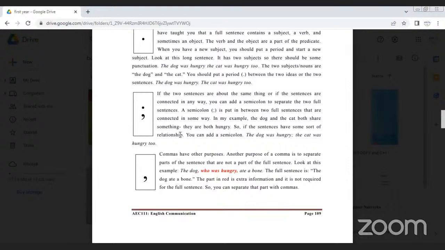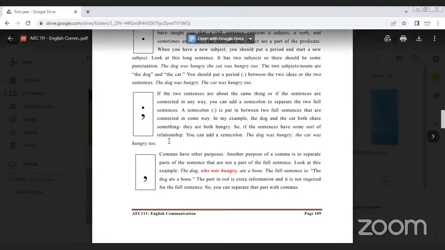In my example, the dog and the cat both share something: they are both hungry. So if the sentences have some sort of relationship, you can add a semicolon. The dog was hungry; the cat was hungry too. In this way you use a semicolon.